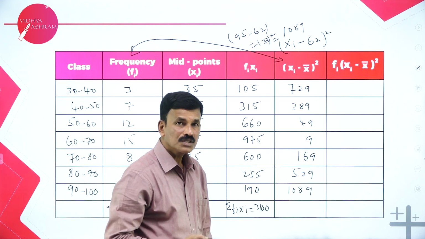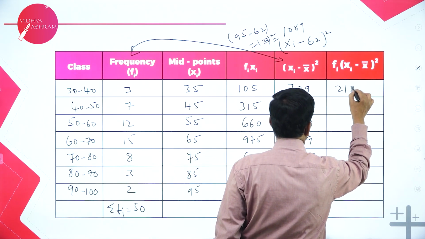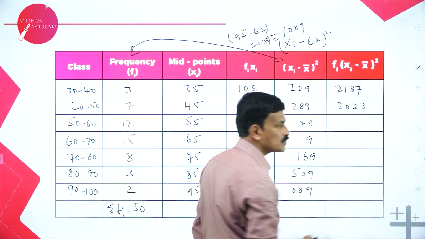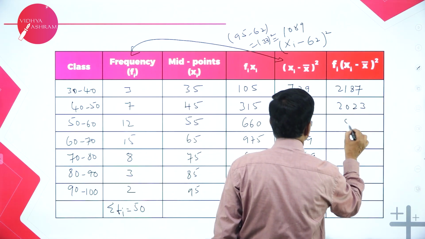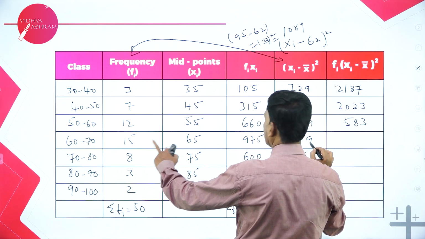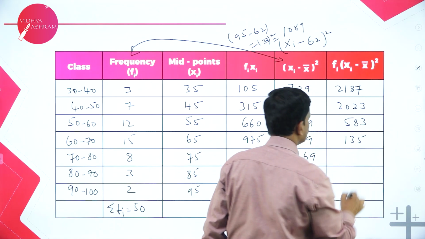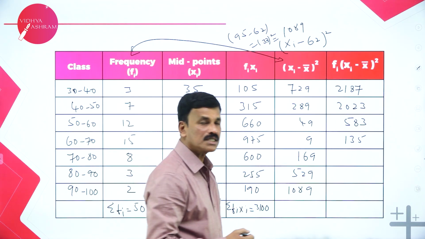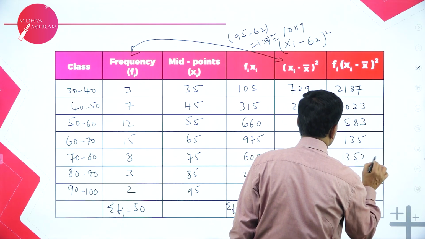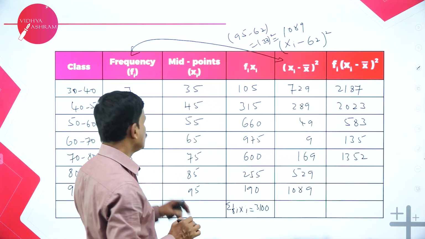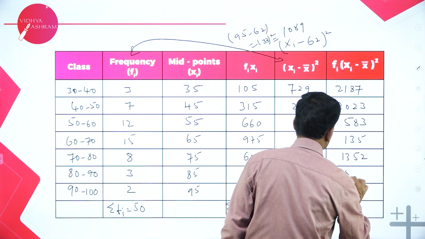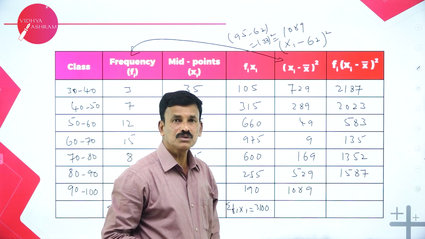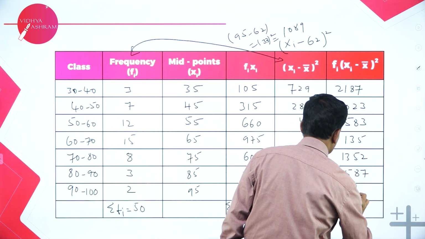This is equal to 2187, 2023, 588, then 15 9s are 135, then 8 into 169 is 1352, 529 into 3 is 1587, and the last one, 1089 into 2, is 2178.